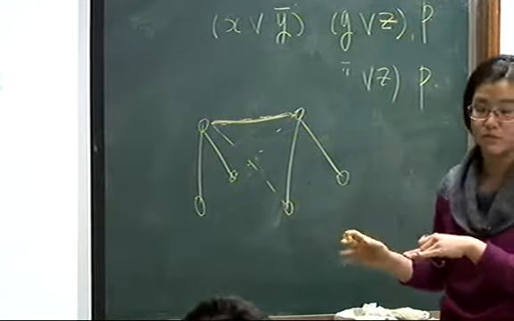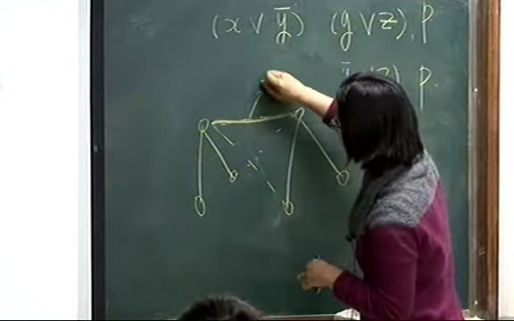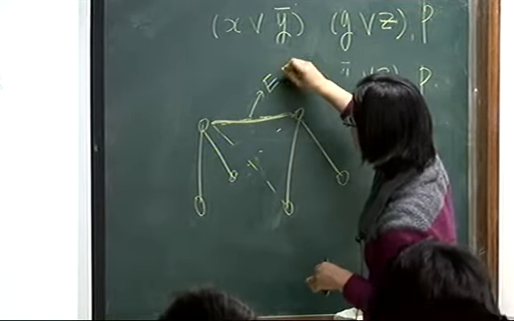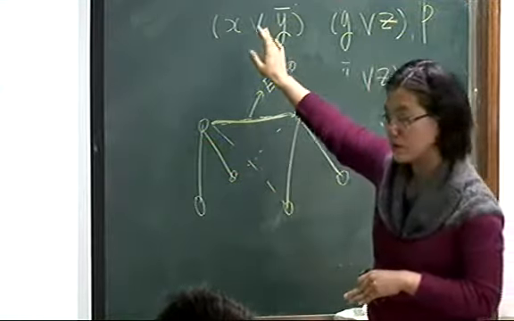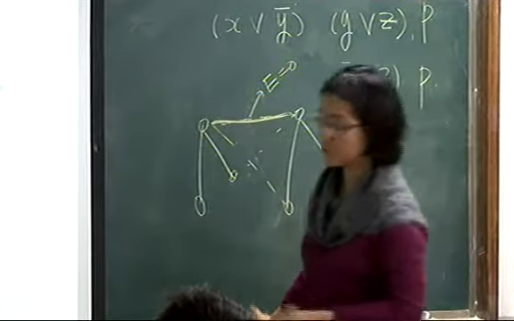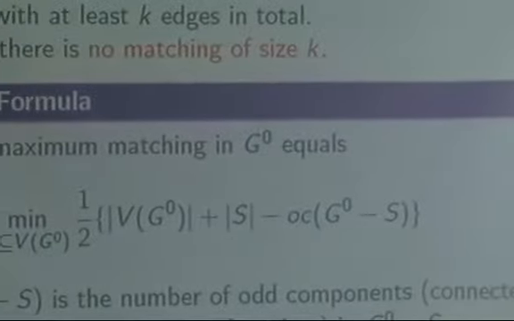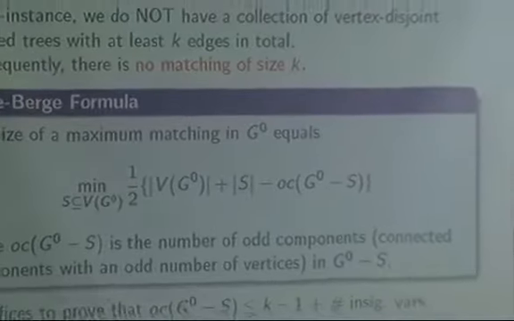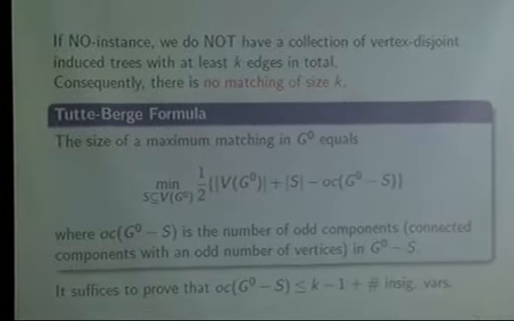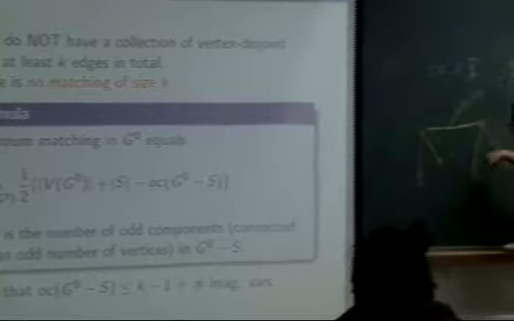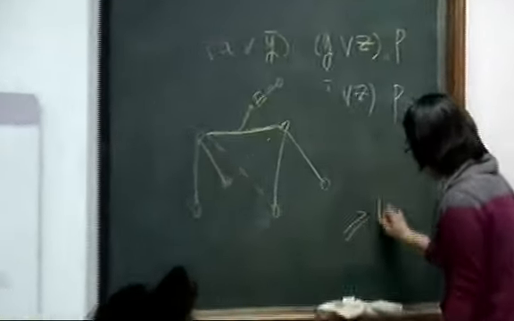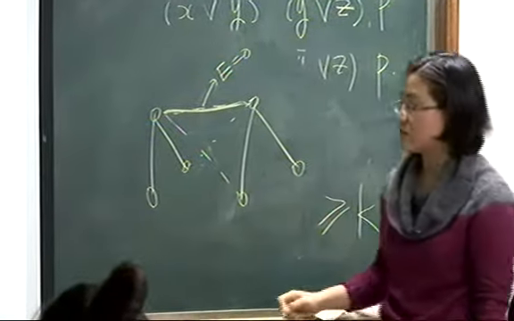So the expected value of the weights is 0, and we can ignore those edges. As a result, if you have a disjoint set of induced trees whose number of edges inside each of them is at least k, then the answer is yes.